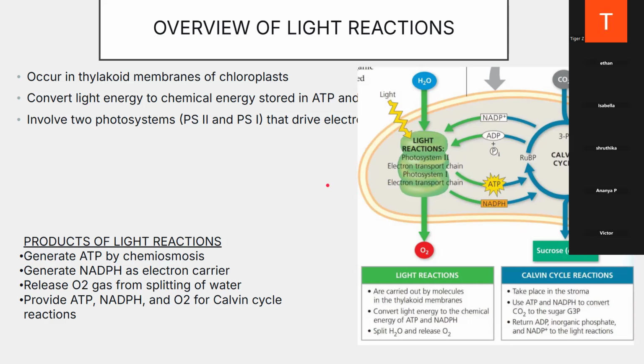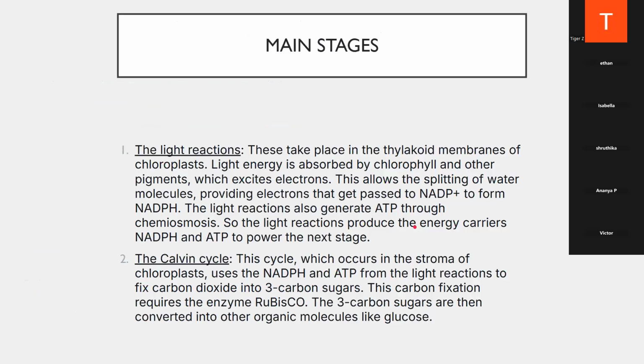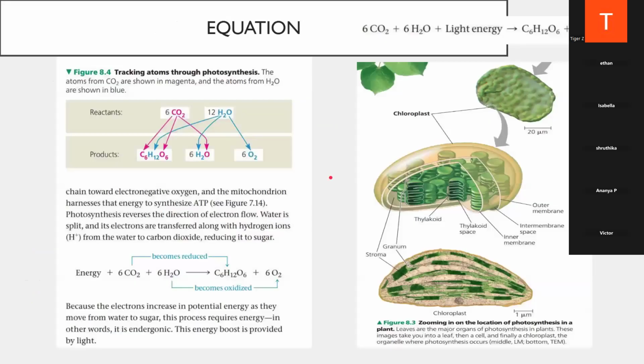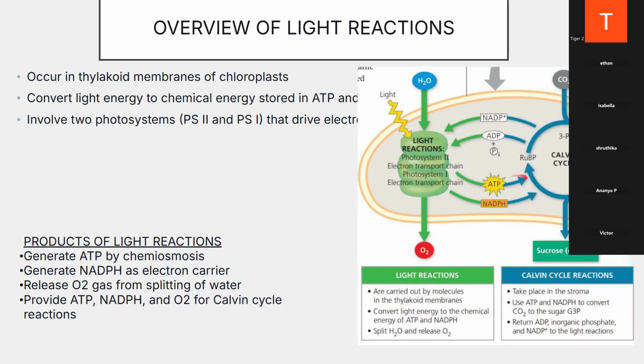And then the light reactions, as we saw, produce ATP and NADPH, and they release oxygen as a byproduct from the splitting of water, as we saw here. And they also produce ATP and NADPH for the Calvin cycle.